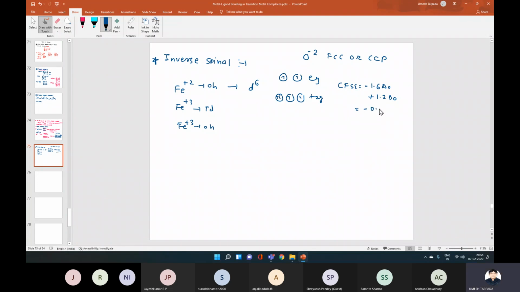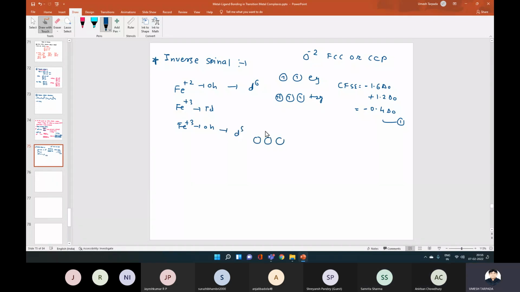Minus 0.4 octahedral. Okay. Is it okay? Now Fe3+ is a d5 system.